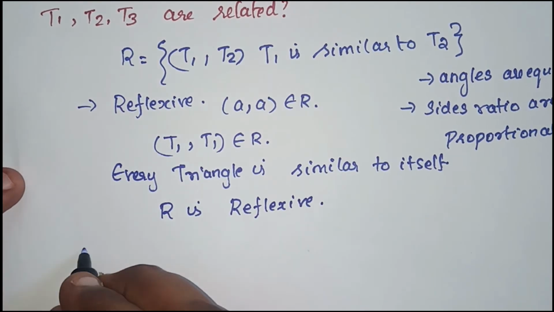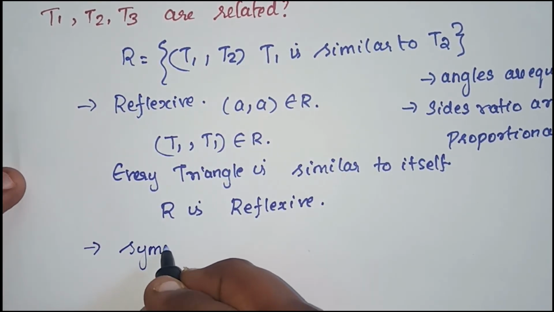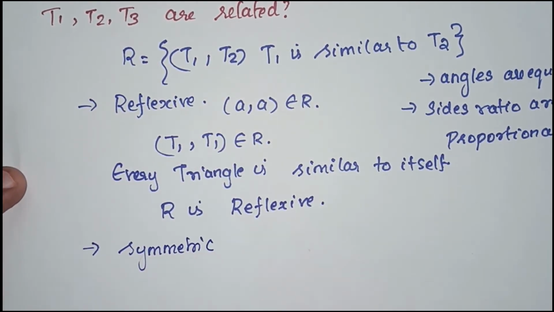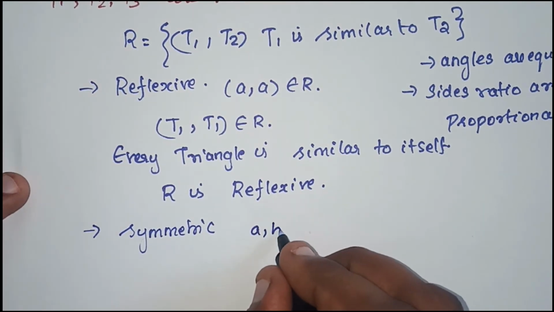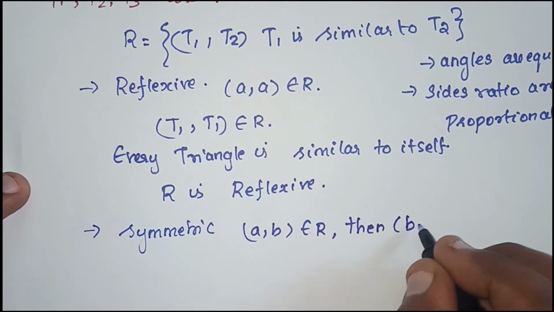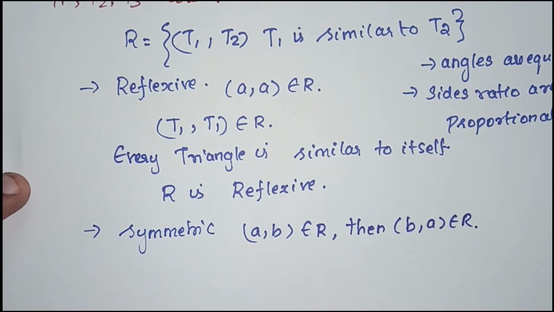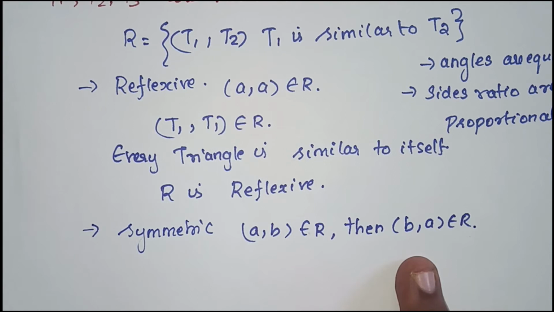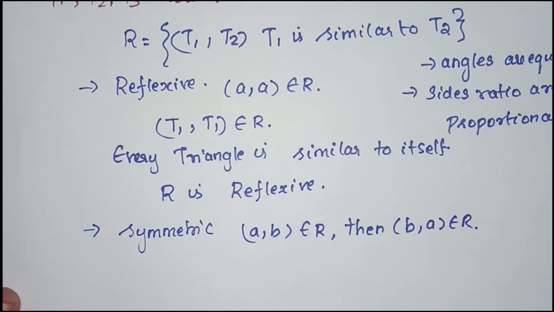Okay, next we need to prove the symmetric relation. Symmetric means if (A, B) belongs to R, then (B, A) also belongs to R. So this is the property of the symmetric relation, right? So here there are two triangles.